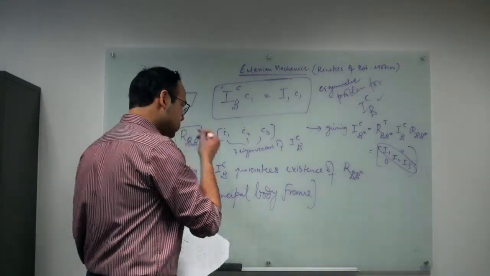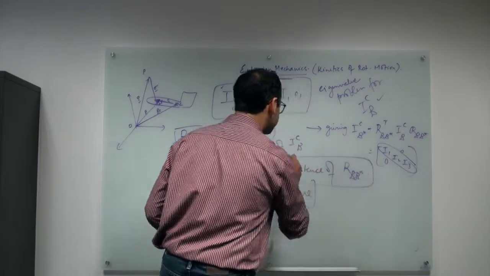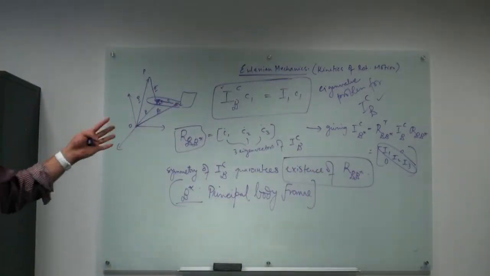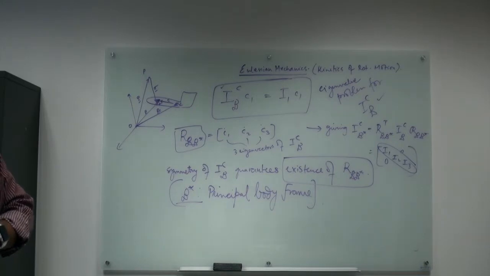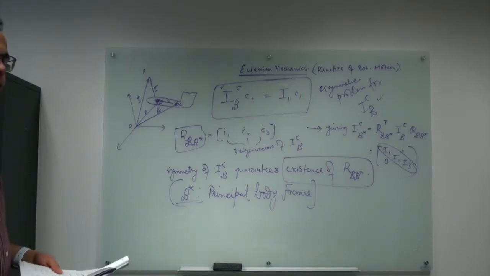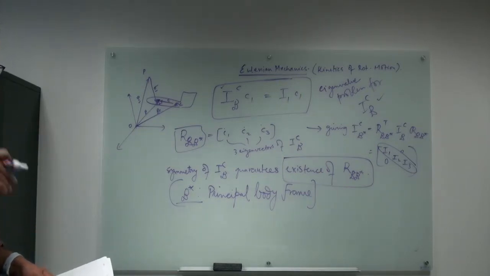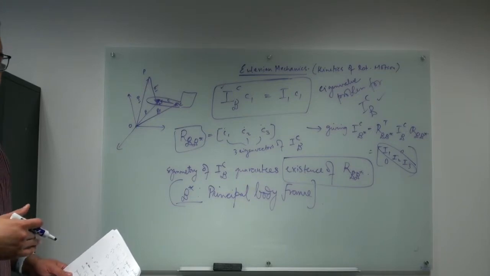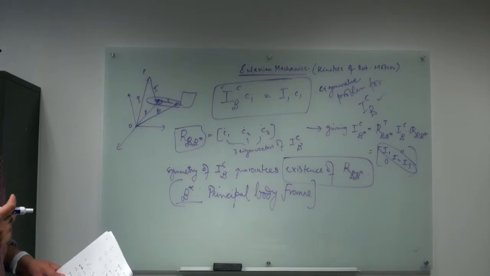Okay, so we have found this principal body frame. Well, this is a great result, but what happens is that the frame that we talked about initially, the body frame that is used for aircraft, through the nose, right wing and down, that body frame unfortunately is not the principal body frame.